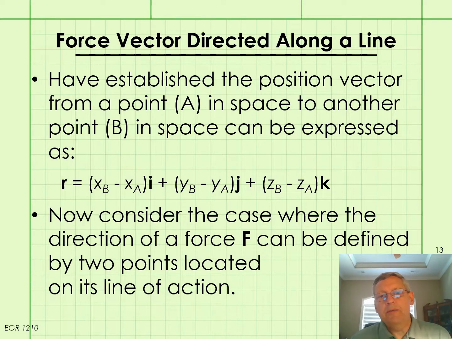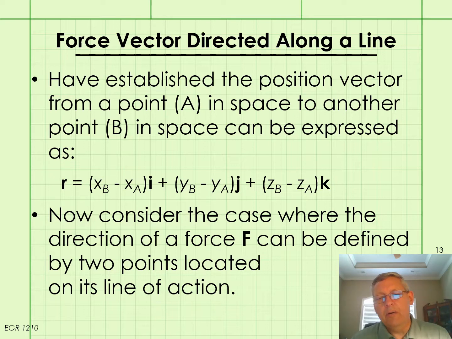So we're going to make use of the position vector in the case where we have a force in 3D space where the direction of the force can be defined by 2 points located on its line of action.